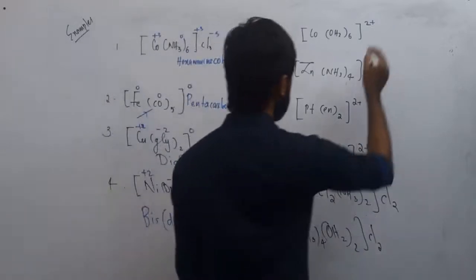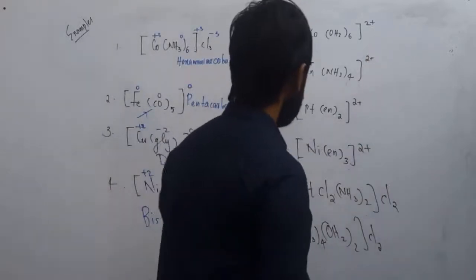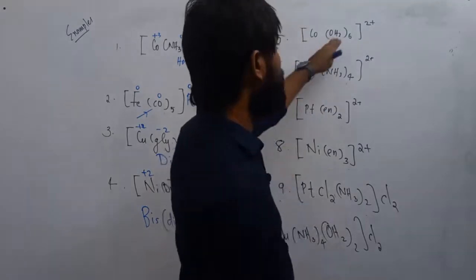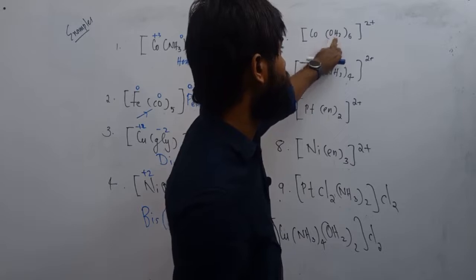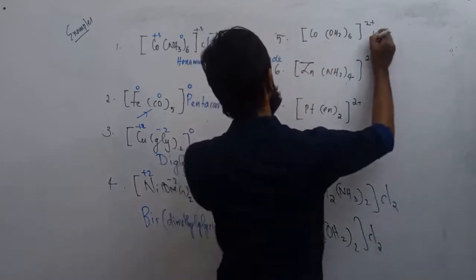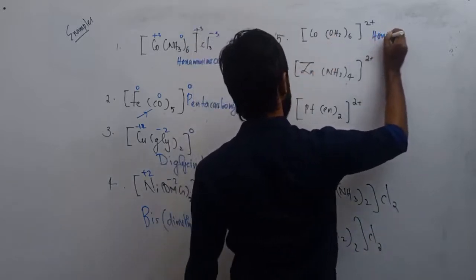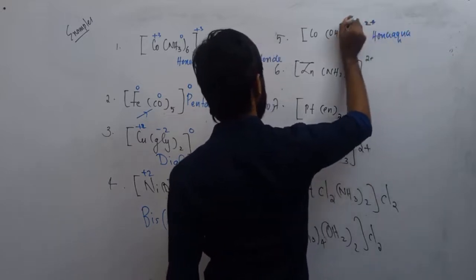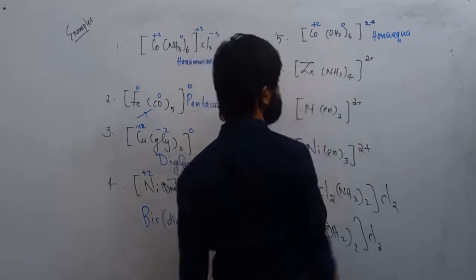Okay. The next is also a cationic entity. Cationic entity means the ligand is water. OH2 means H2O. So how much water? 6 water. So that's hexaaqua. The Hall charge is +2. Water has a charge of 0. So cobalt has a charge of +2.